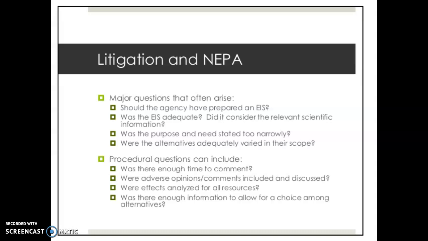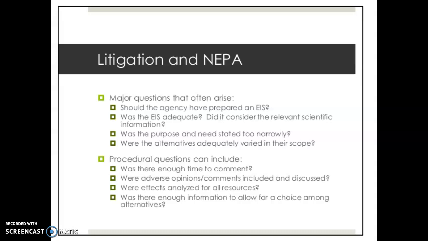So should the agency have prepared an EIS? Did they prepare an EA but not continue on to prepare an EIS? So major impacts will occur, but they left the analysis at the level of an EA.